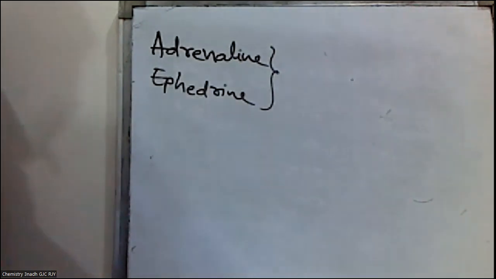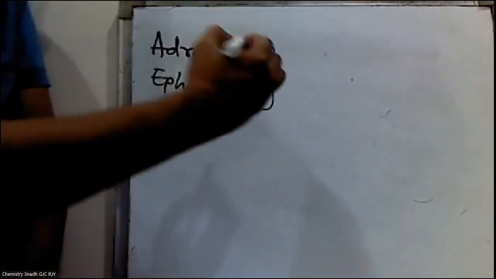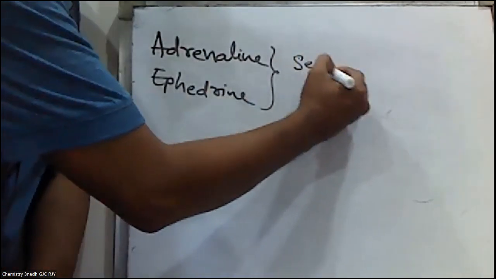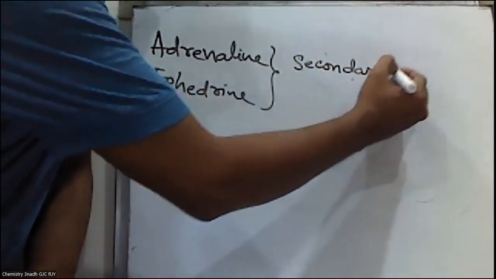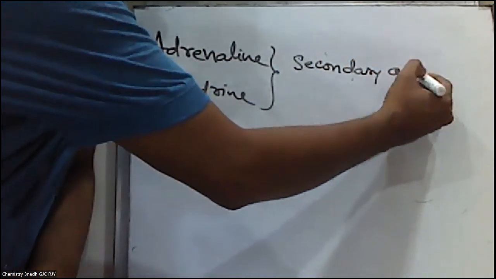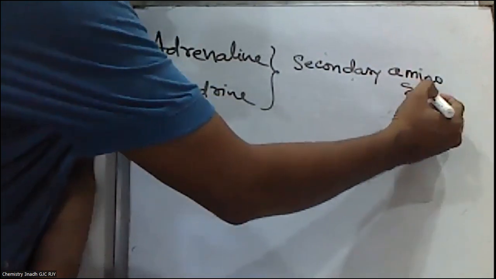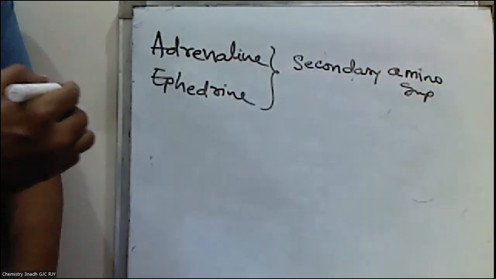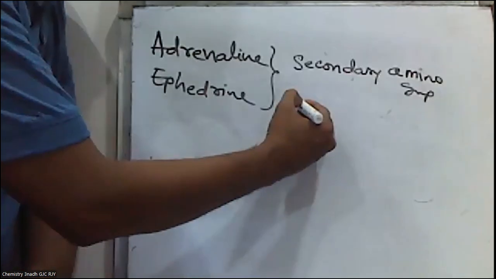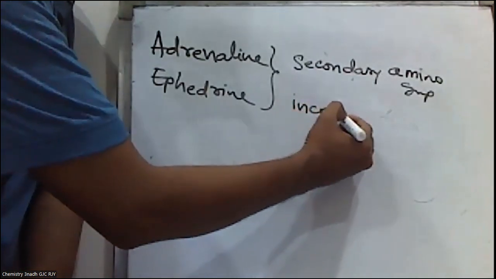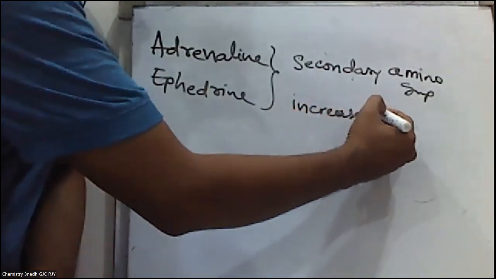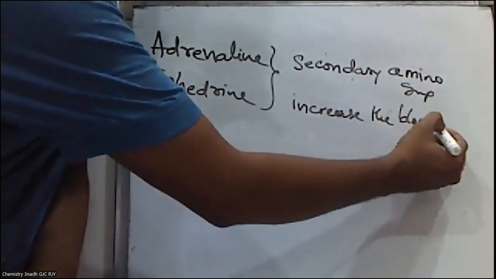These two are secondary amino group containing compounds, which are used to increase the blood pressure.